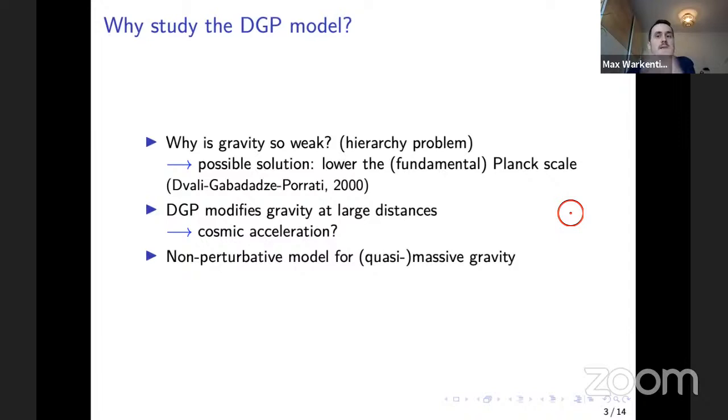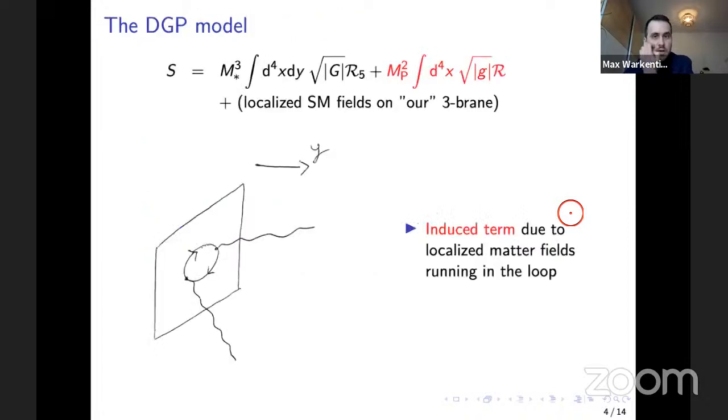Besides those phenomenological reasons, this model also has many interesting features from a theoretical viewpoint. For example, it is a ghost-free, non-perturbative model for massive gravity, where the graviton is actually a resonance.